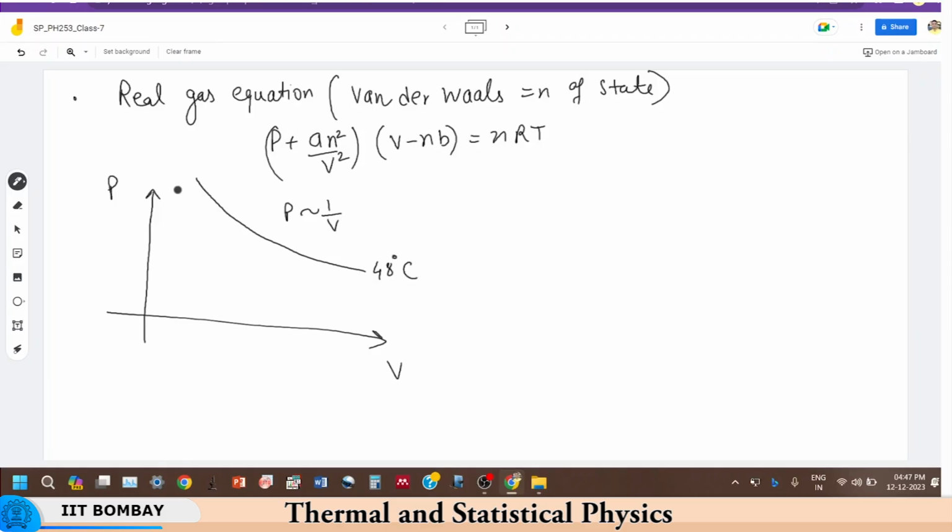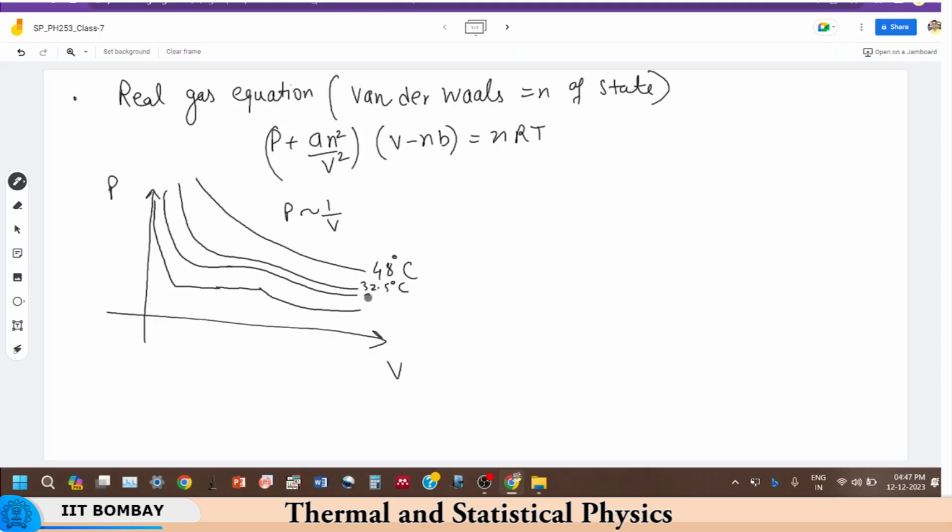But as he decreased the temperature, there was significant deviation from Boyle's law, so much so that at a certain point this curve almost became flat, and at even lower temperature there was a saturation before it decayed, right? For example, this was 32.5 degrees Celsius.